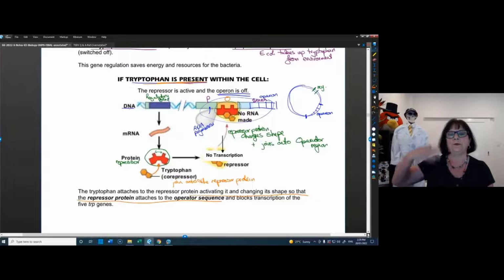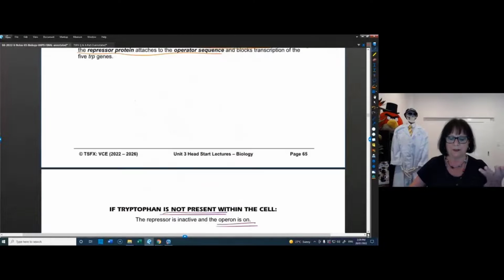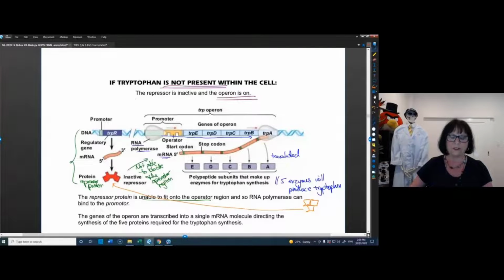And so the bacteria will use up its tryptophan, and if it doesn't get any more, then the tryptophan that was attached to the repressor will be used, and the repressor will come off. So it's a constant on and off scenario.